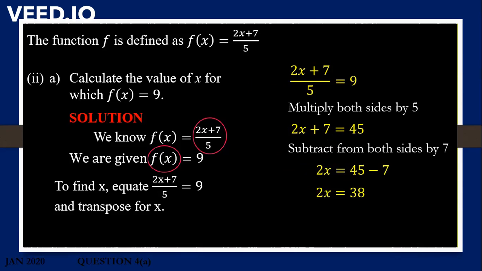Great. This gives us 2x is equal to 38. So in order to find x, we are going to divide both sides of the equation by 2. Therefore, x is equal to 19. Let us look at the other question.